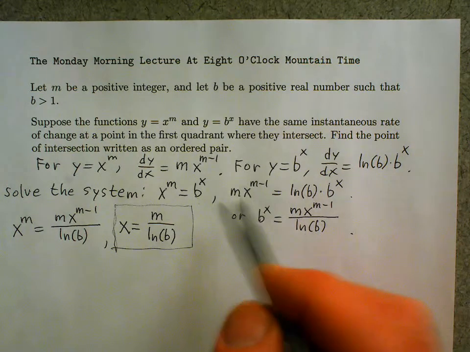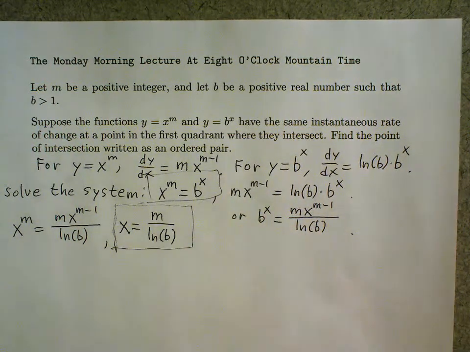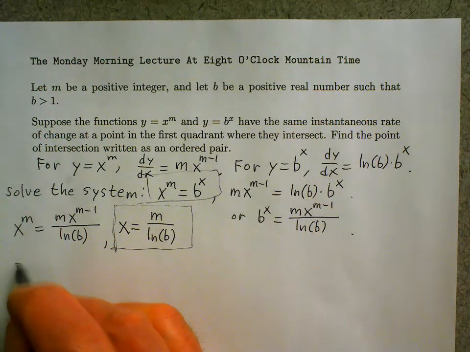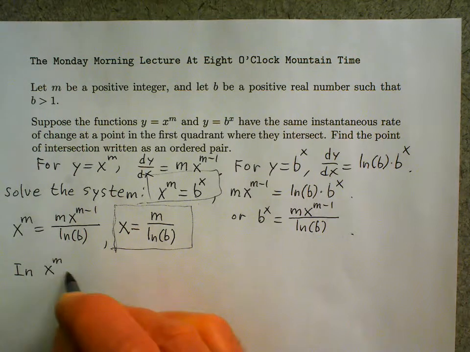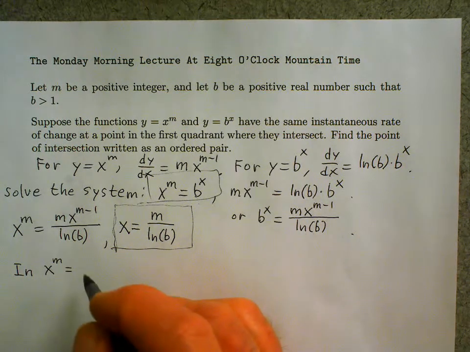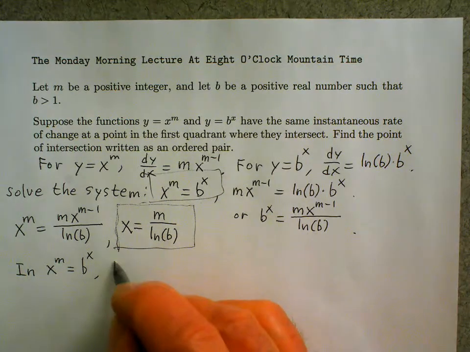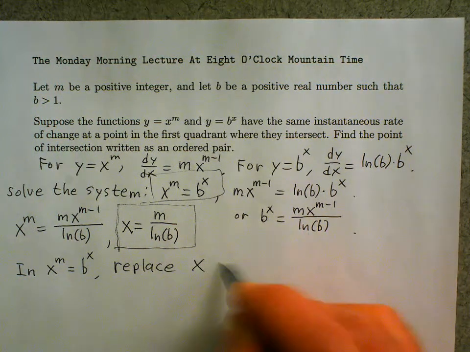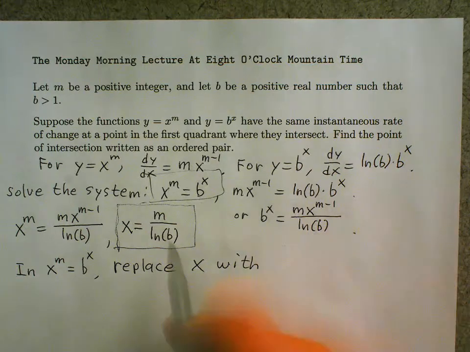So in this equation, x to the m equals b to the x. So I'll write that out a little bit. In the equation, x to the m equals b to the x, replace x with m over the natural log of b.